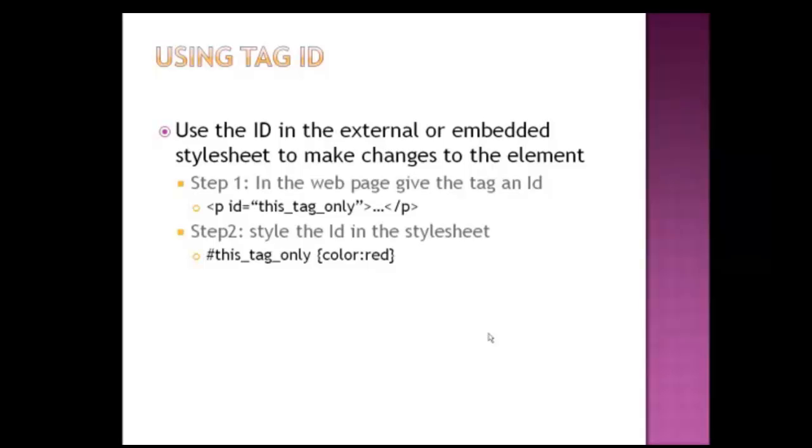If you want only that single paragraph to be red, for example, you can use the ID of this paragraph or any element and assign the formatting styles to that ID within your cascading style sheet, and it would apply it automatically to the ID. So you won't have to define classes.